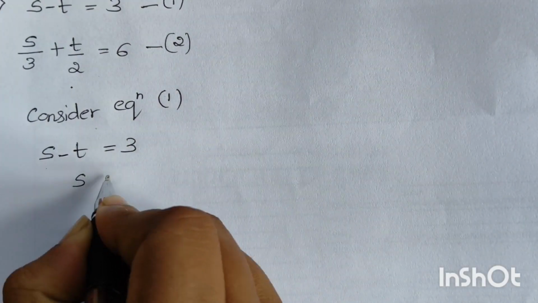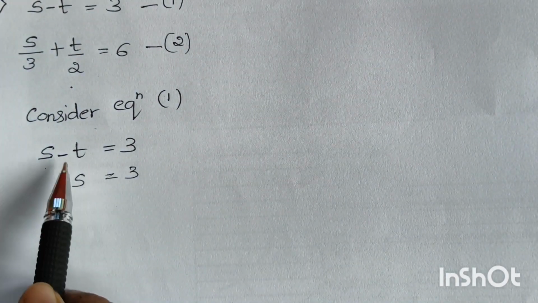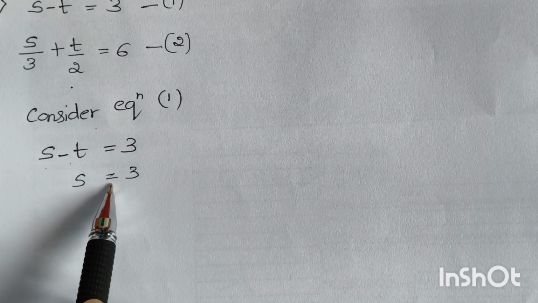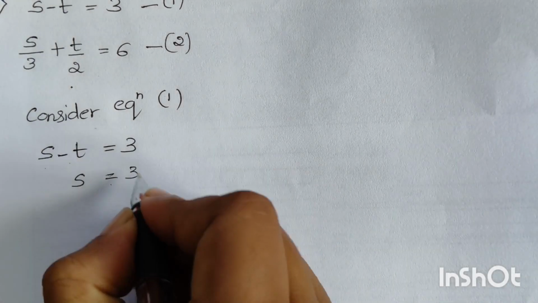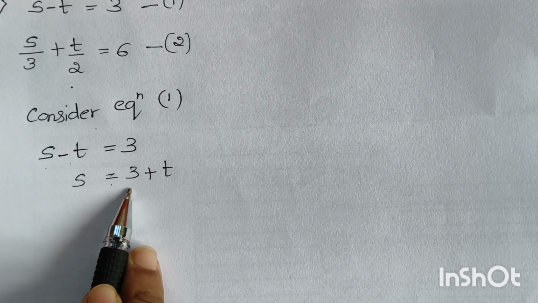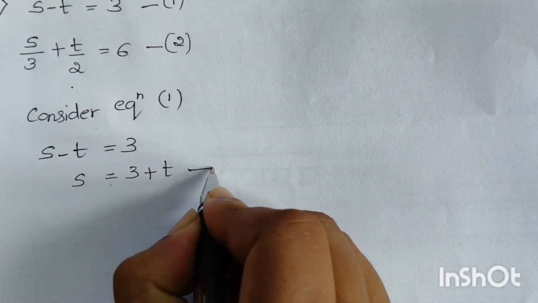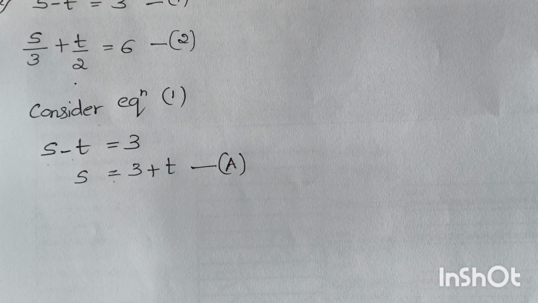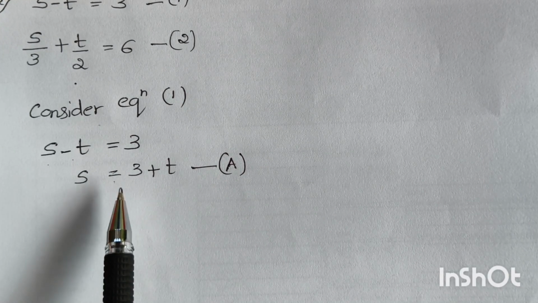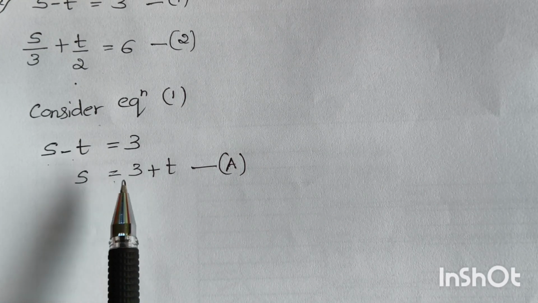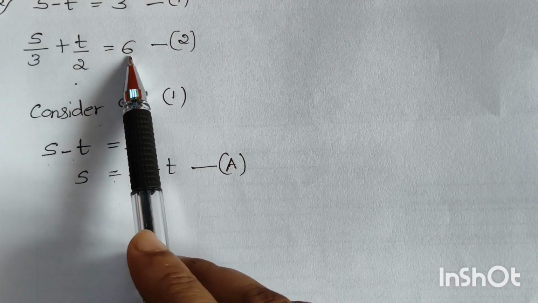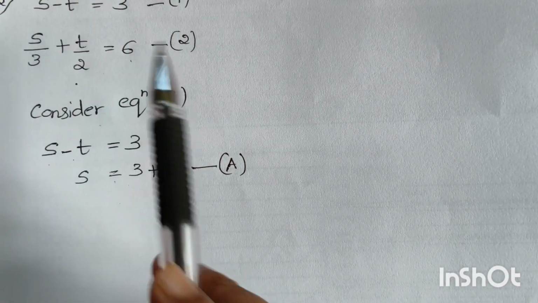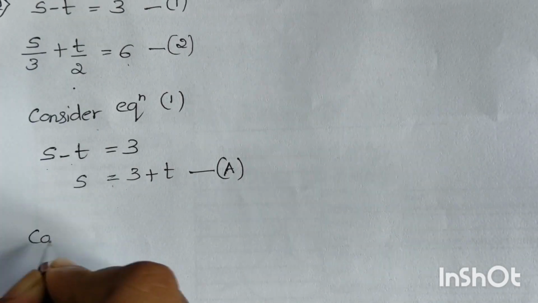Then s is equal to 3. This minus t, when it crosses the equal to sign, will become plus t. See here, s is equal to 3 plus t. Now let us consider this as equation A. Now let us substitute the value of s in equation 2.